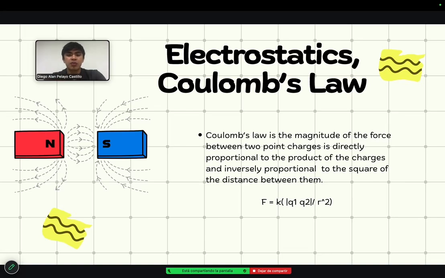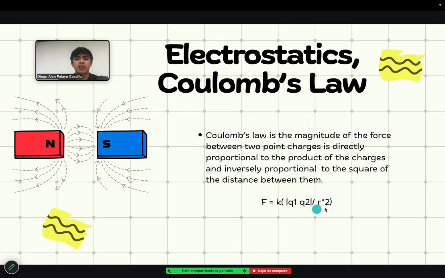One of the main topics that we had to understand about electrostatics was Coulomb's law. Coulomb's law gives us a mathematical way to calculate forces between charges. This law states that the force is proportional to the product of the charges and inversely proportional to the square of the distance between them.